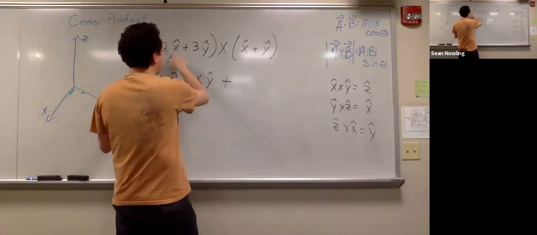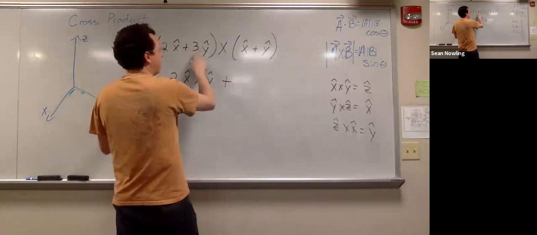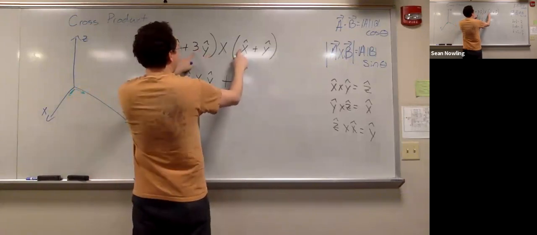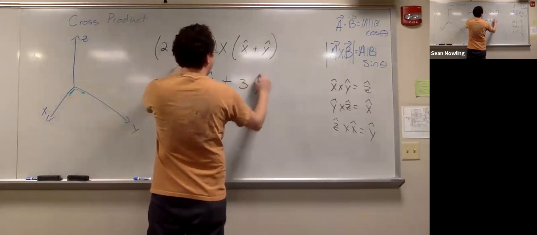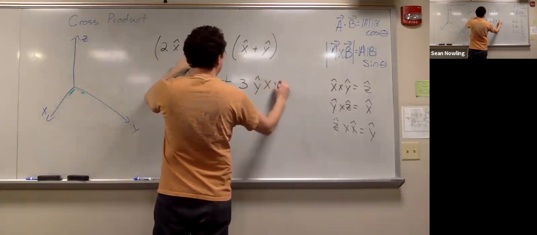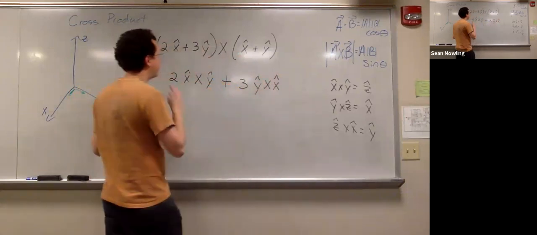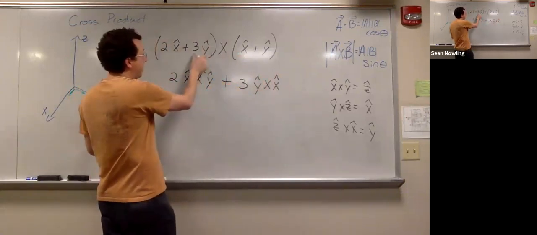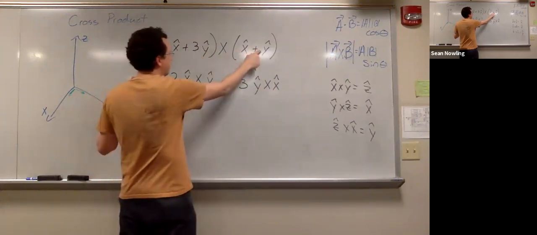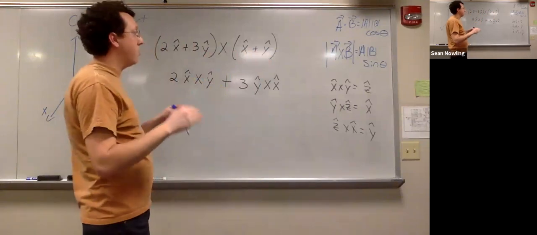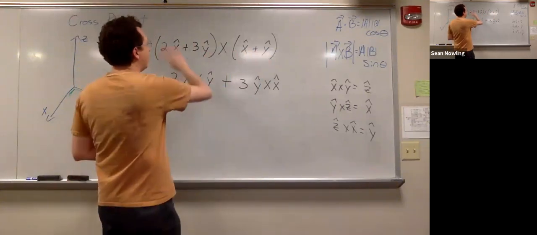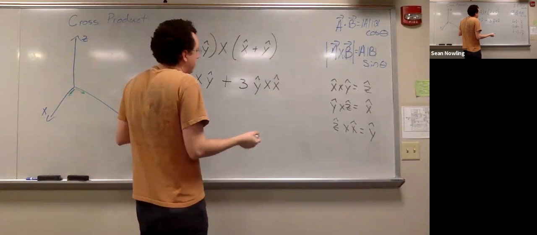Plus 3y hat, so I get 3 times 1, y hat cross x hat. And then finally I have 3 times 1, but then I get y hat cross y hat, which is 0. So I'm not even going to bother to write down the stuff that's 0. If I know it's 0, it's 0.